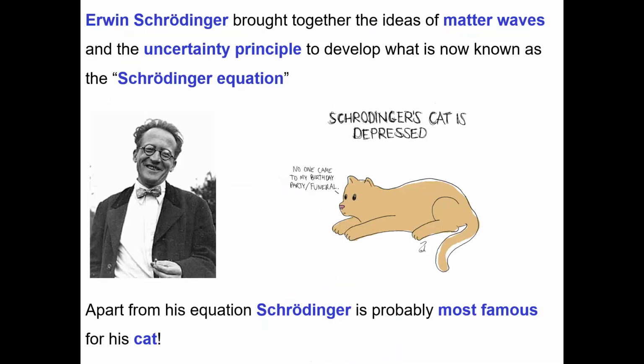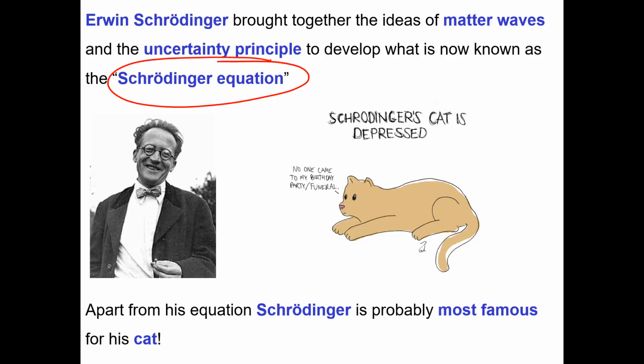So the next major step in the development of quantum mechanics was carried out by a guy called Erwin Schrödinger. He brought together these two ideas of matter waves and the uncertainty principle to develop what is now known as the Schrödinger equation.